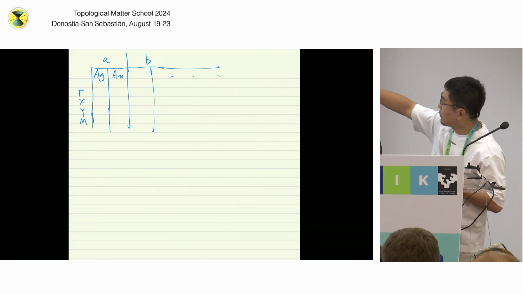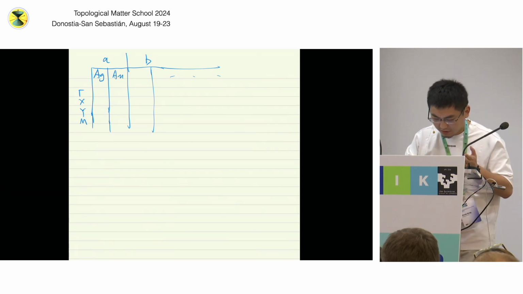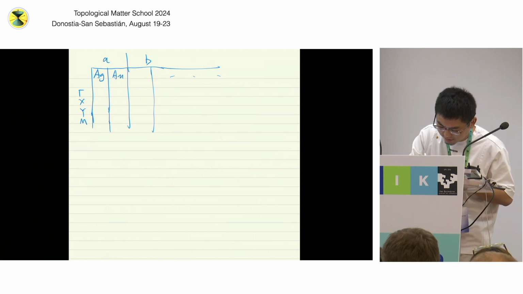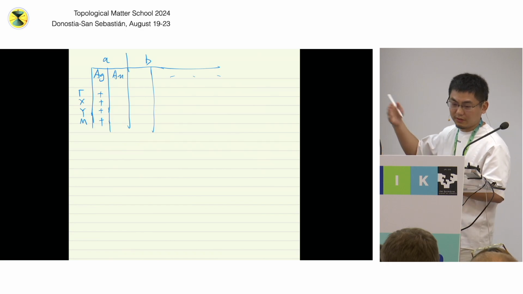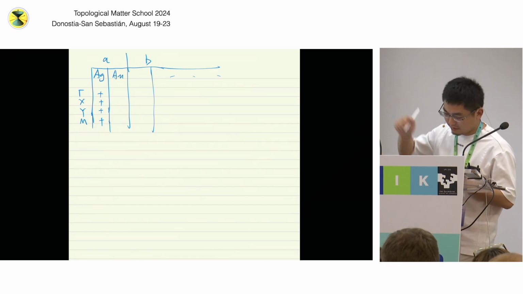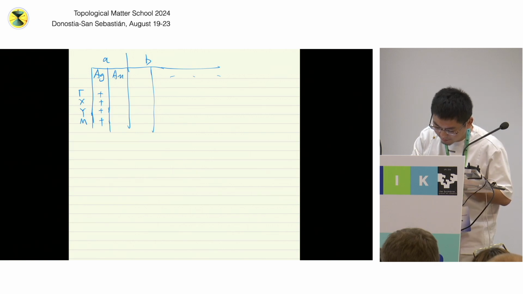I will only write down the first two rows. For the even orbital at the 1A position, all the parities at these 4 momenta are +1. And for the odd orbital at the 1A position, all these eigenvalues are -1.